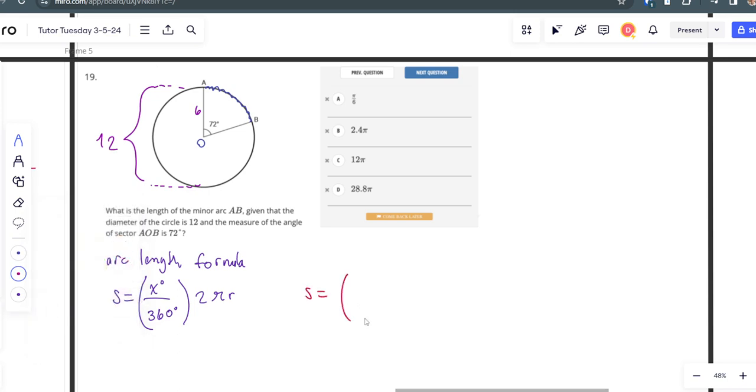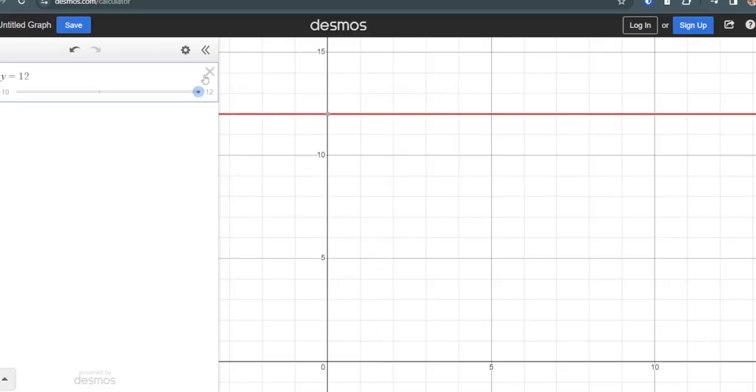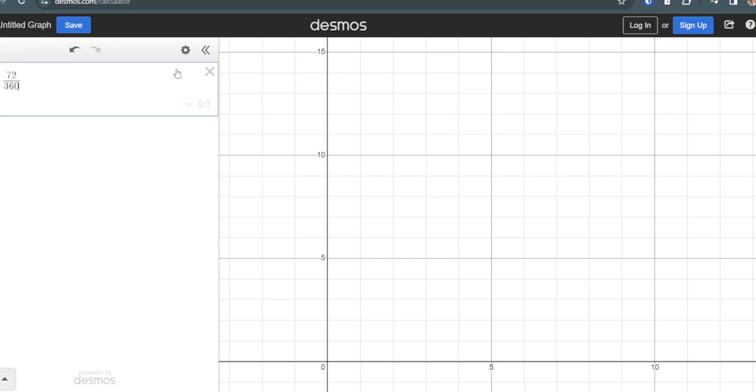If we plug in those values, 72 degrees and 2 pi times 6, I'm going to throw that into Desmos and get 72 over 360 times 2 pi times 6.